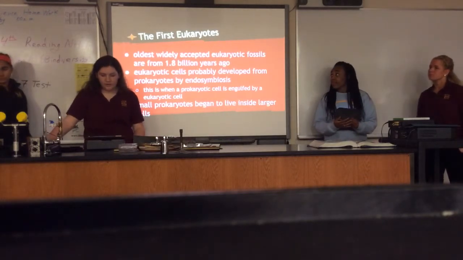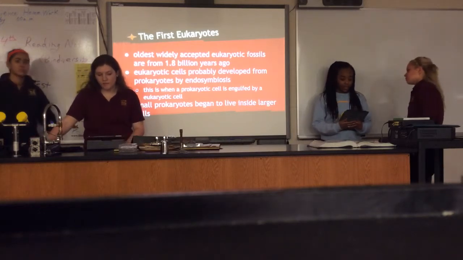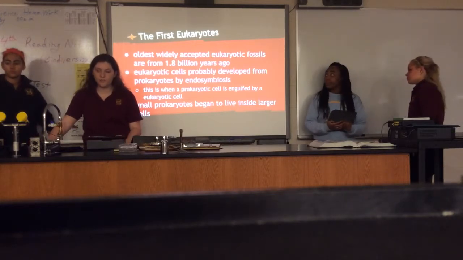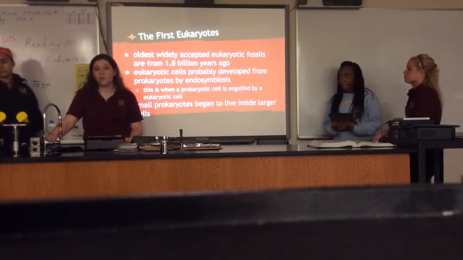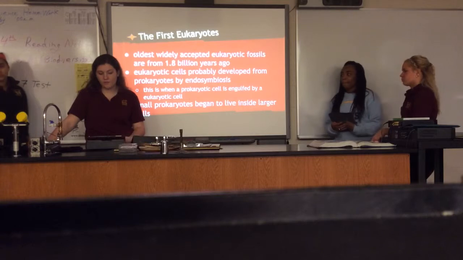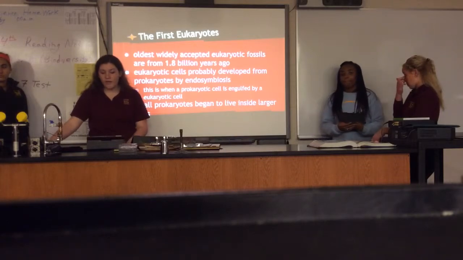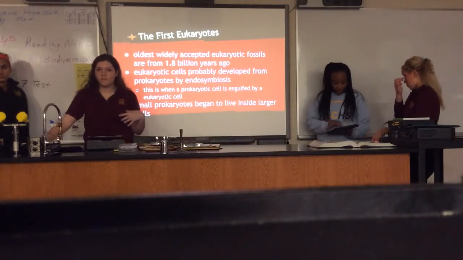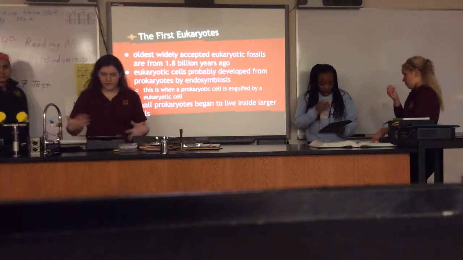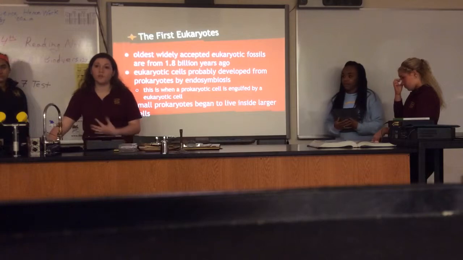So the first eukaryotes. The oldest widely accepted eukaryotic fossils are from 1.8 billion years ago, and these eukaryotic cells probably developed from prokaryotes by endosymbiosis. We've talked about this before. Endosymbiosis is when a prokaryotic cell is engulfed by another cell. Eventually, it's a eukaryotic cell. So small prokaryotes began to live inside larger cells.